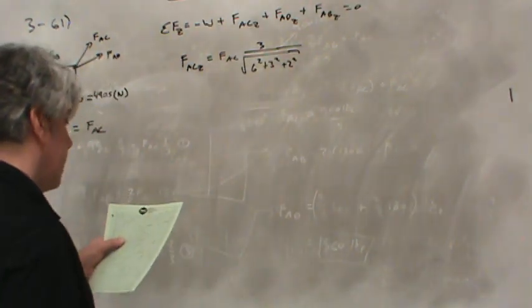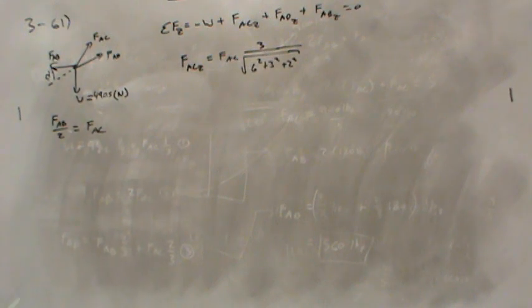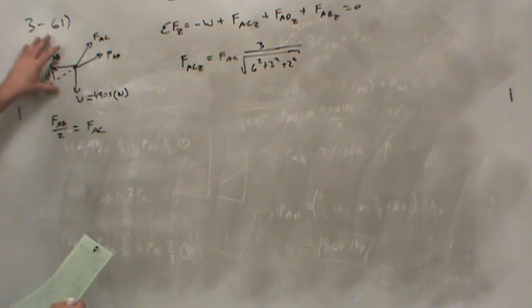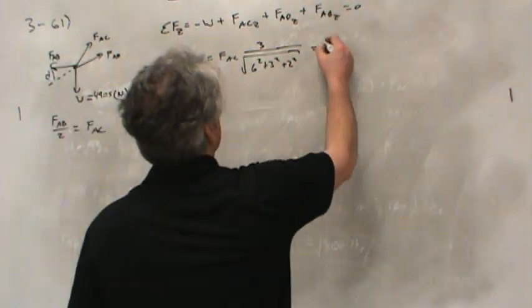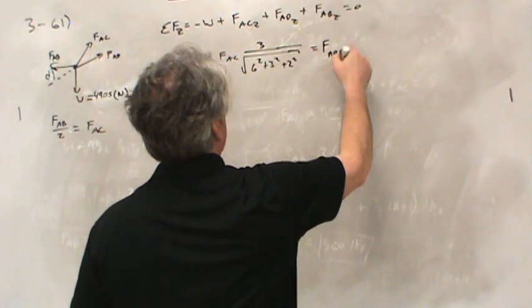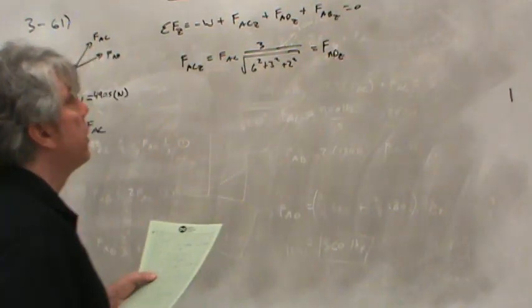Now, if you think about this, you'll realize that FAC in the z direction has to be equal to FAD in the z direction. Why? Well, notice that AC and AD are laid out symmetrically. FAB doesn't have a component in the y direction. So because of symmetry, this is FAD in the z direction as well. It's supposed to be a capital D. There we go.